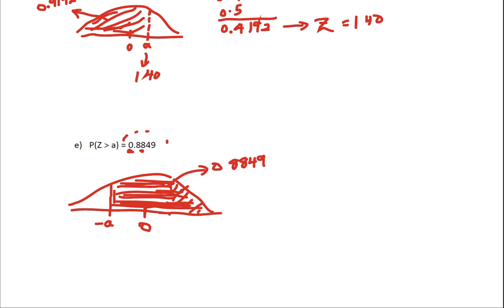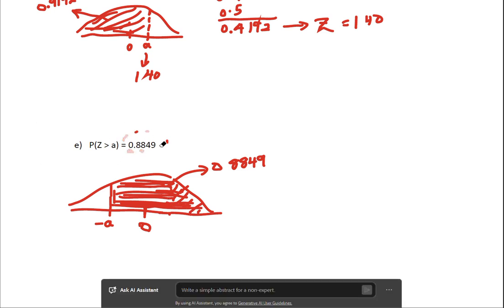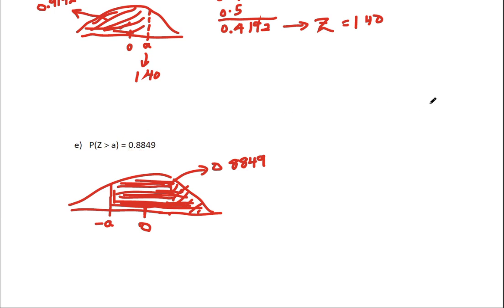But having recognized that the probability is bigger than 0.5, and we're trying to find the area to the right of that value, it wouldn't be possible for A to be a positive value because we need a larger area than 0.5. So that's the rationale for this adjustment.